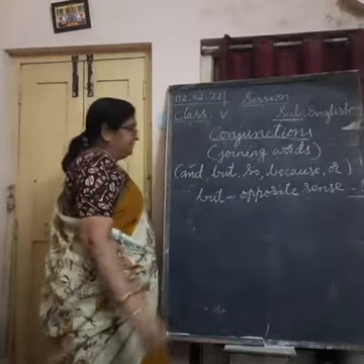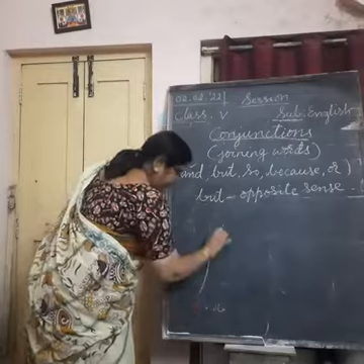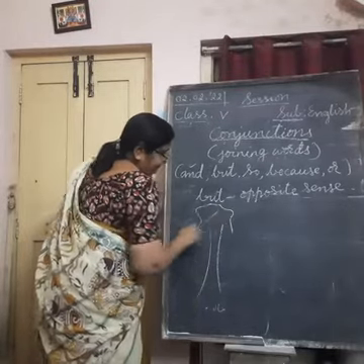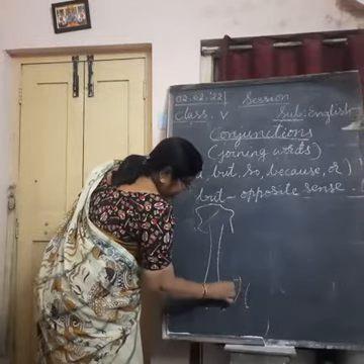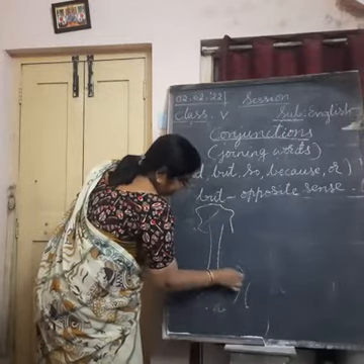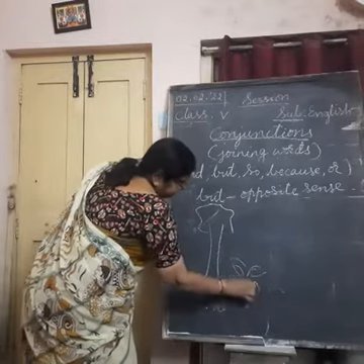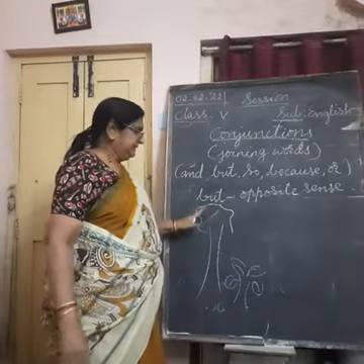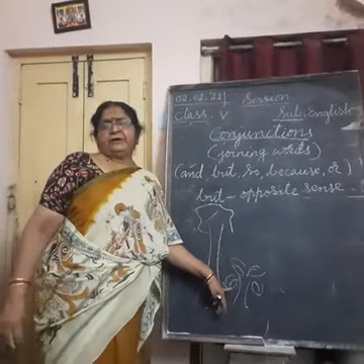For example, this is a tree. Take some tree. And this is a small plant. Now we can say the tree is tall, but the plant is short.